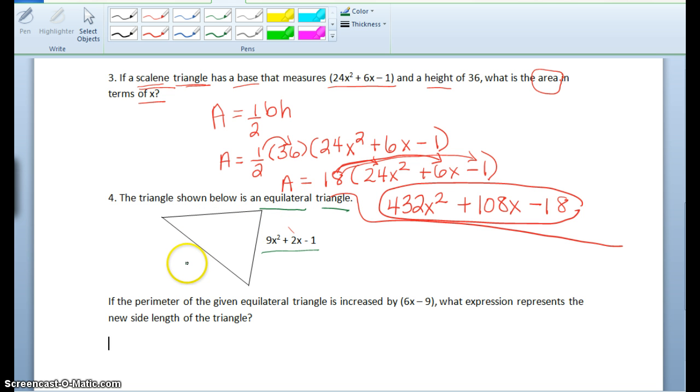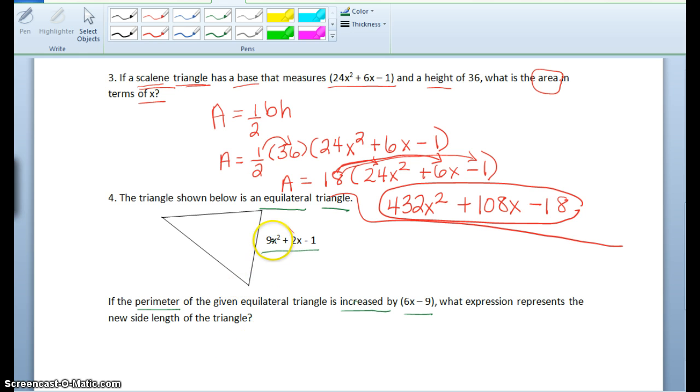So all three sides can be represented by the variable expression 9x squared plus 2x minus 1. Now, in our question or our stem, it says if the perimeter of the given equilateral triangle is increased, so the perimeter is increased by 6x minus 9, what expression represents the new side length of the triangle?